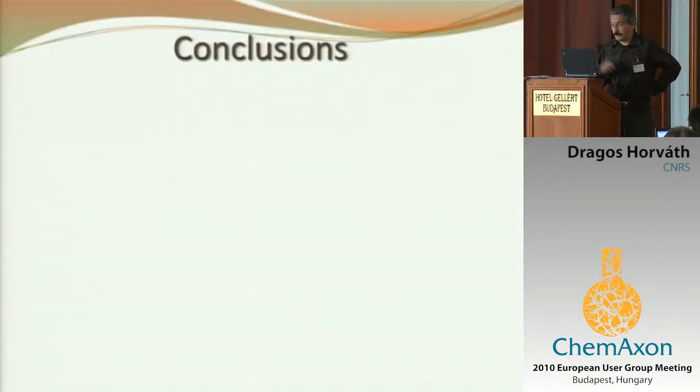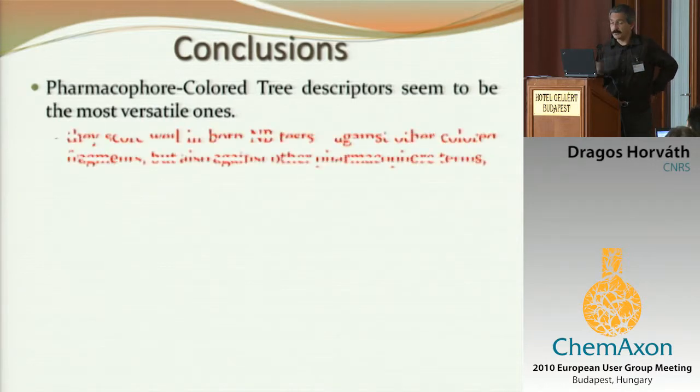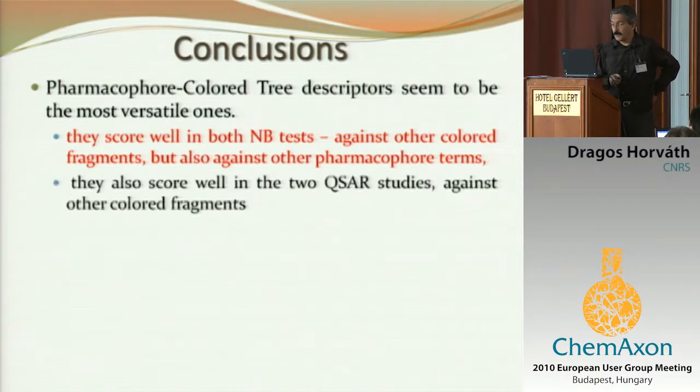So, time to get to the conclusions. Pharmacophore-colored tree descriptors seem to be the most versatile ones. They did well in neighborhood behavior against other colored fragments, but also against other descriptors, pharmacophore descriptors.